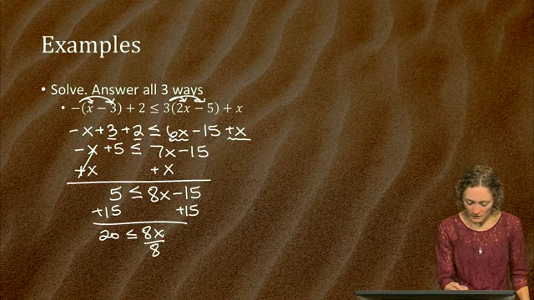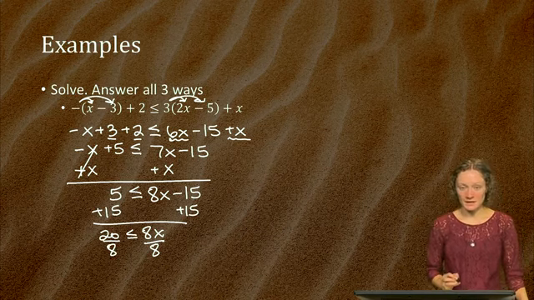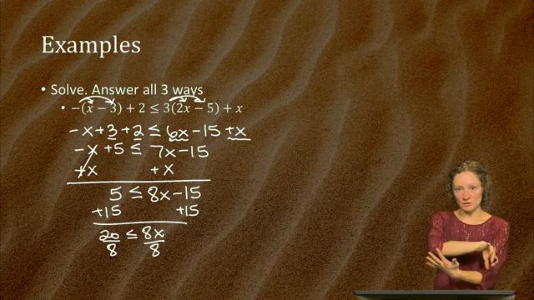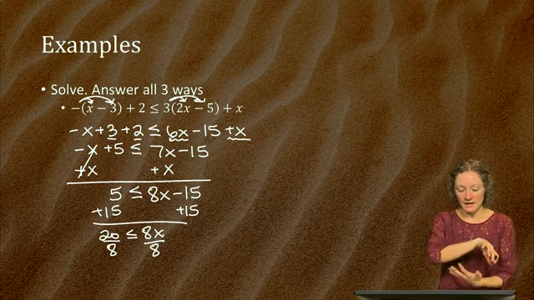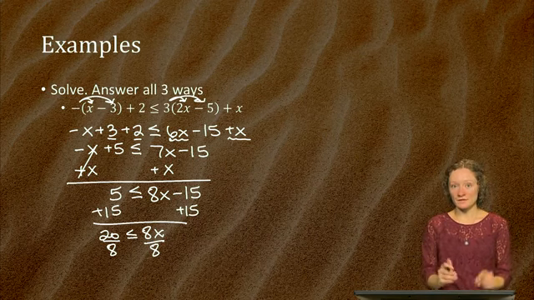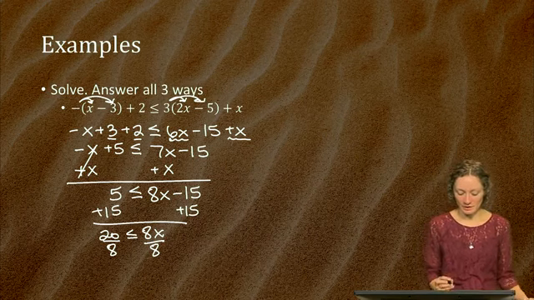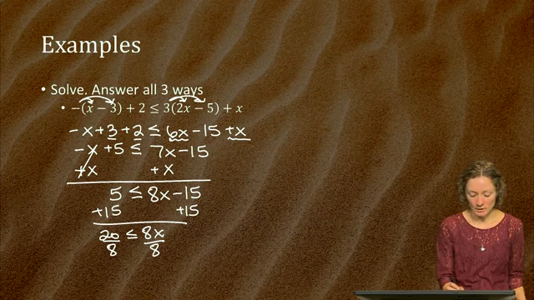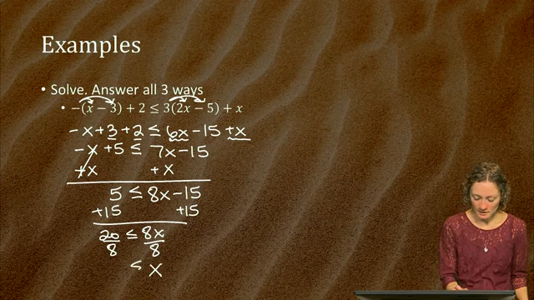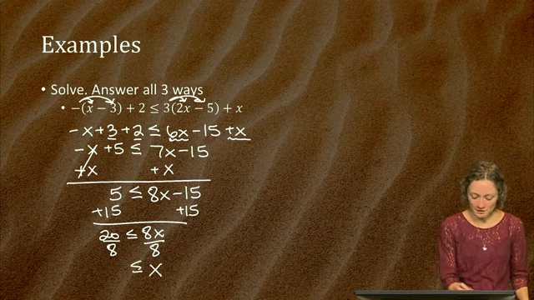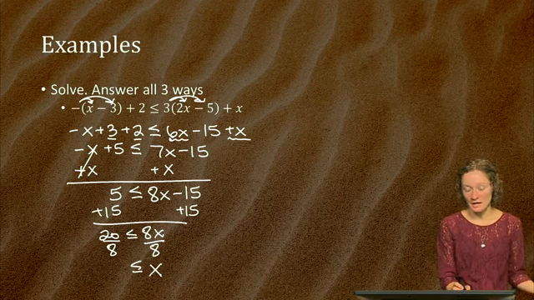Then divide both sides by 8. Now, if you started a different way, you might have the variable on the opposite side, and you might have a negative. So only if you have a negative are you flipping the inequality symbol. Mine does not, so I'm not flipping. Okay, so on the left, 20 over 8, we don't get a whole number. That's okay.